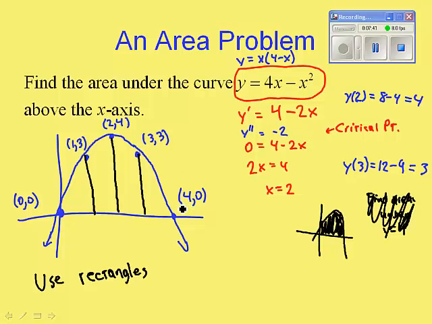And by the way, I don't see any rectangles yet, right? But I guess what would happen is if I started drawing a horizontal line here, and a horizontal line here, and a horizontal line there over to 4, let's say, what I could do is add up the areas of these rectangles.